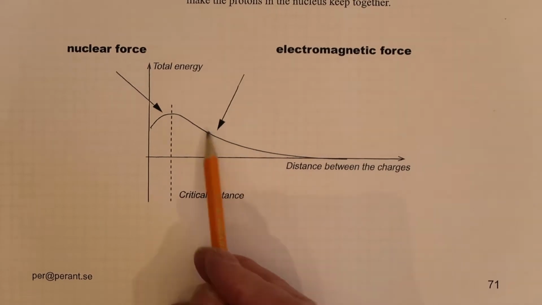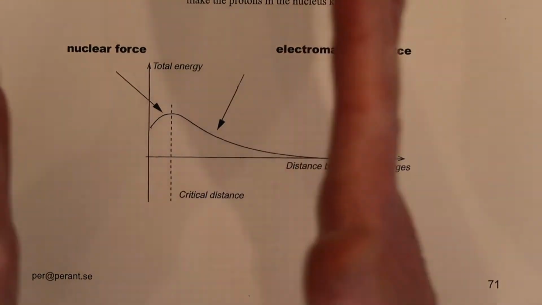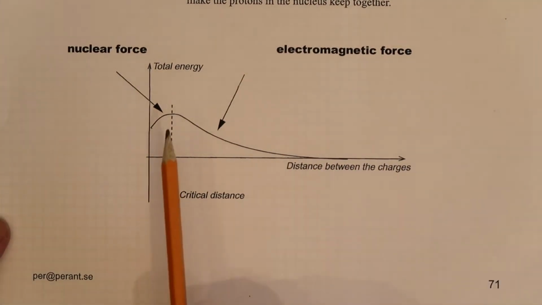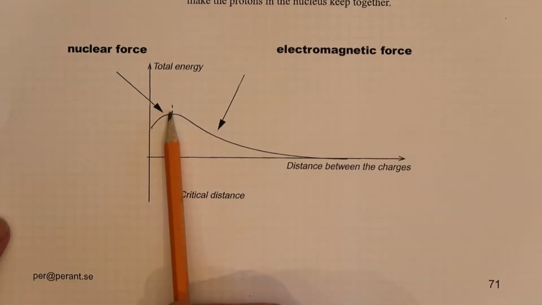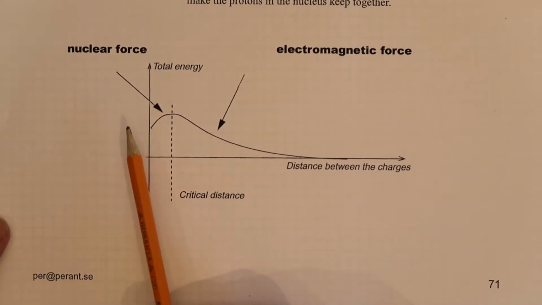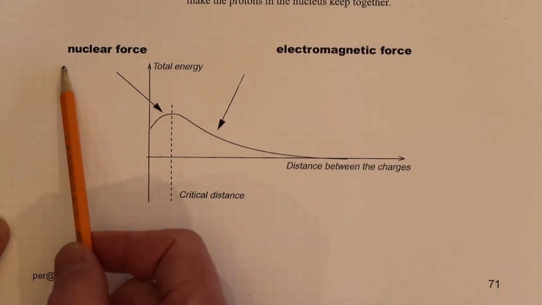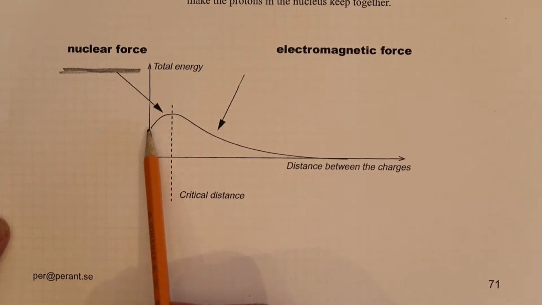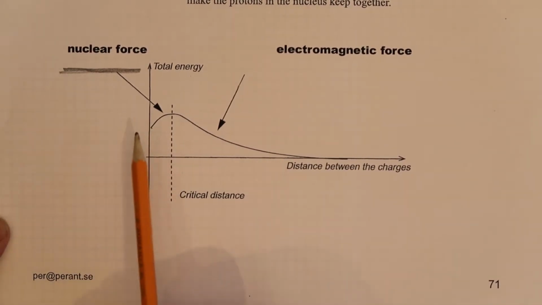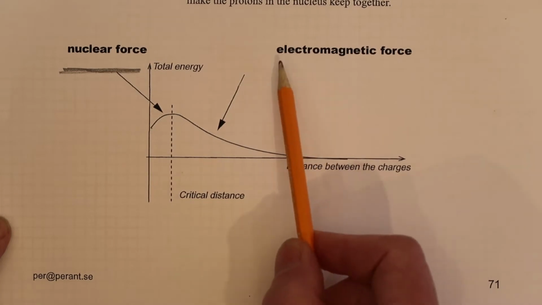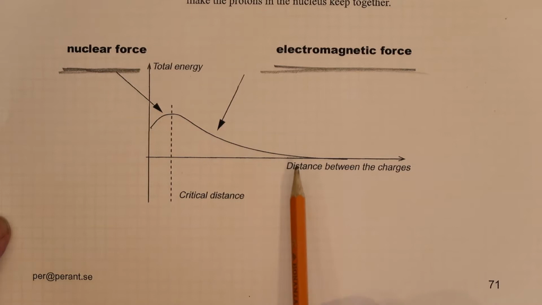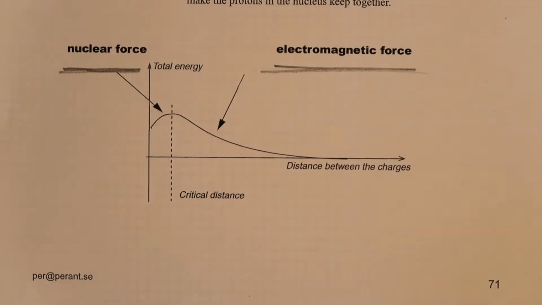So outside we have to press the charges together, and at a critical distance they are pulled together. And we call this the nuclear force that keeps the charges in the nucleus together, and this is the electromagnetic force at larger distance between the charges.